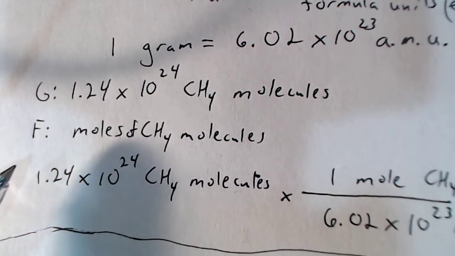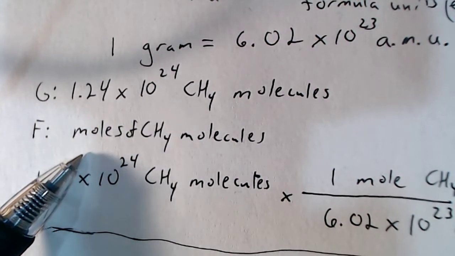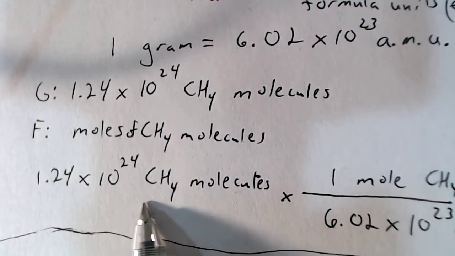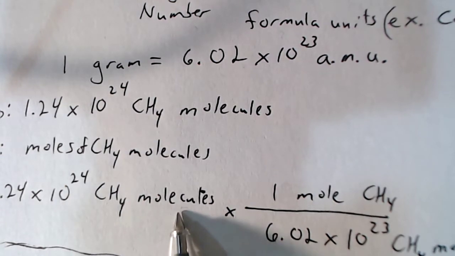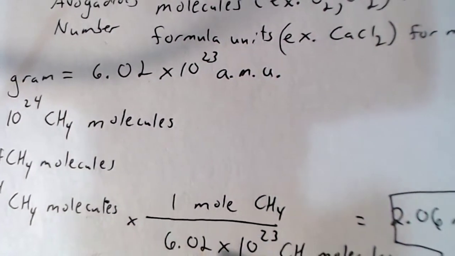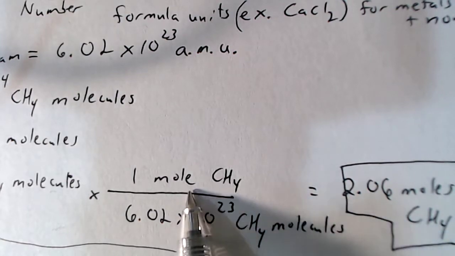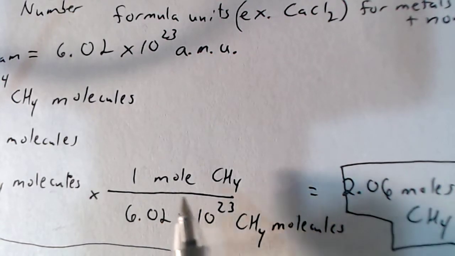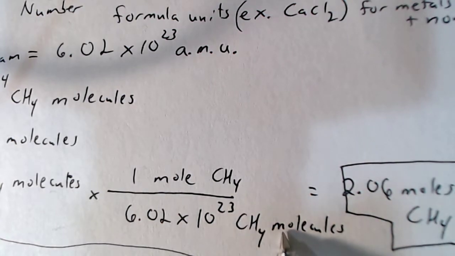If you have this number of molecules of methane, how many moles of methane molecules are there? You've got a certain type of representative particle, and there are 6.02 times 10 to the 23 molecules per mole of those molecules.